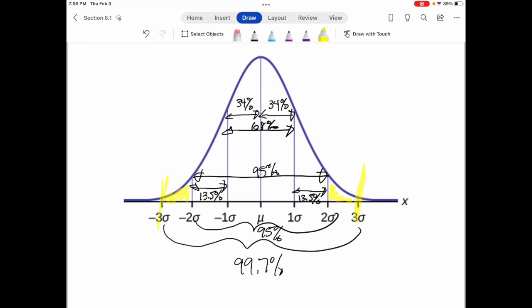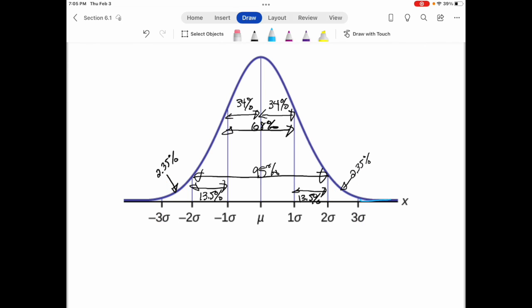So I know a total of 4.7 is in both of those yellow strips. So if I want to see what is in just one of those yellow strips, I divide by 2. And so I know that in this yellow strip here, I have 2.35% of the data, and in this yellow strip here, I have 2.35% of the data.